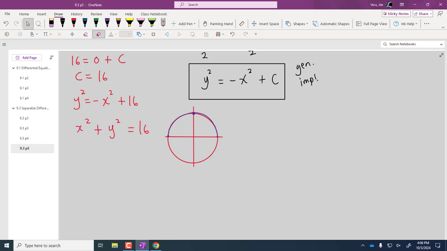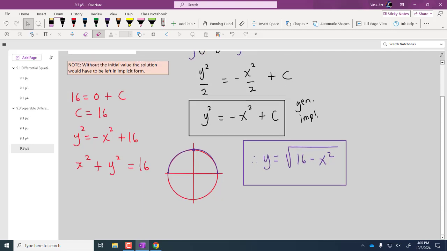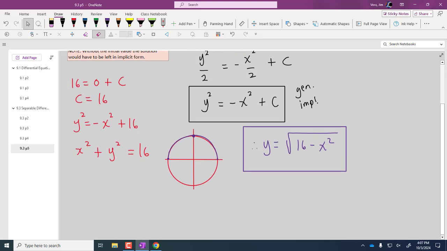So our explicit solution is y equals the positive square root, because that's the top, of 16 minus x squared. In this particular case, we can find a particular solution explicitly, because we know what this graph looks like and we know where the point is on it.